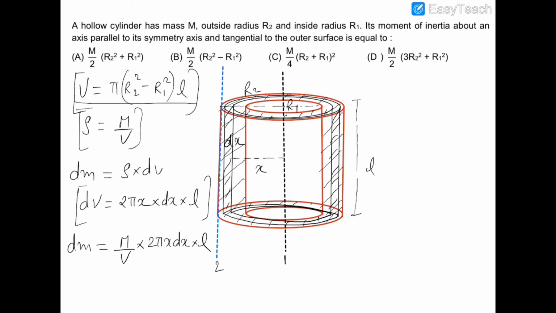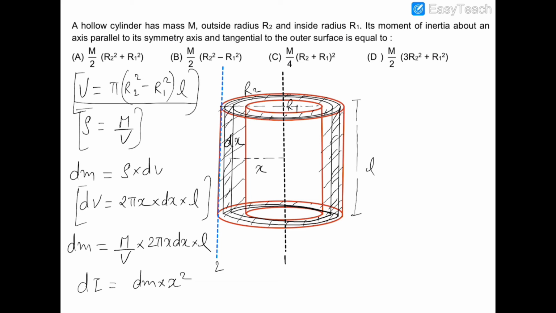Now we know that this element is a hollow cylinder, and the moment of inertia of a hollow cylinder about its central axis is m r square. So dI is the moment of inertia of this elemental cylinder. So dI would be equal to dm into x square, where x is its radius.